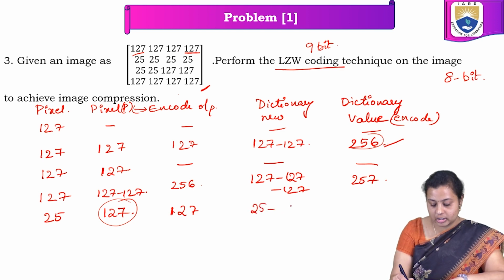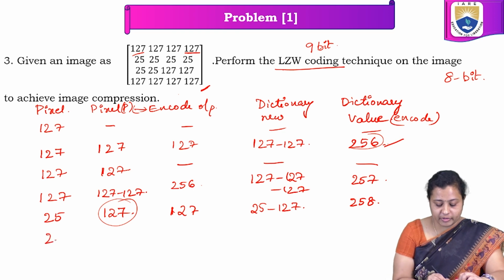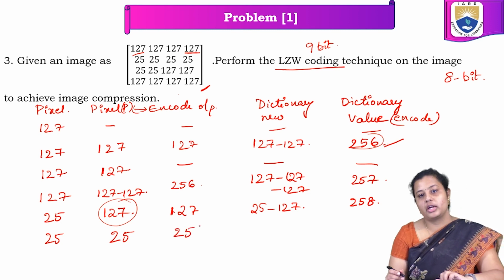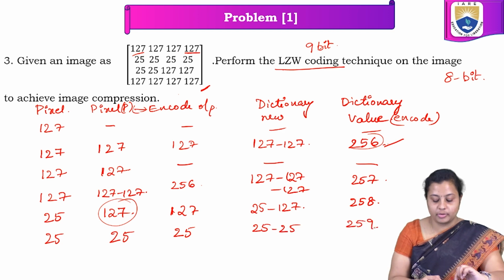No. So I am writing it as a new dictionary entry, 25 hyphen 127, at my 258 position. Next, the value is 25. So the symbol which I have to encode is 25. My output will be 25. And 25 hyphen 25 is a new entry, so I'm writing it at the 259 position.